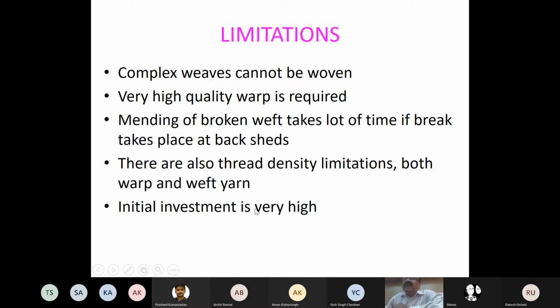Initial investment is also very high. This is another limitation because in Indian currency, each loom nowadays costs about 2 crore rupees. It's a very expensive machine, although the productivity is very, very high. But because of all these limitations, it is difficult to run this machine as a potential weaving technology in any loom shed.